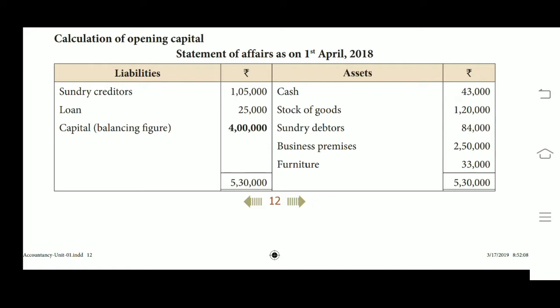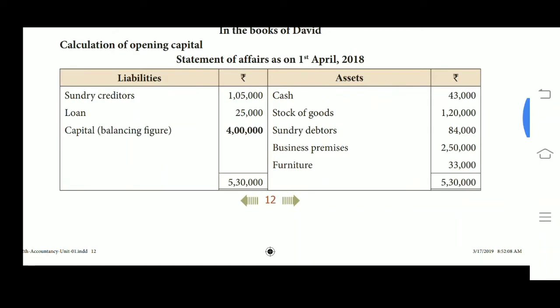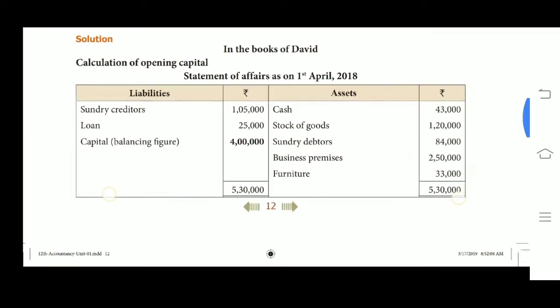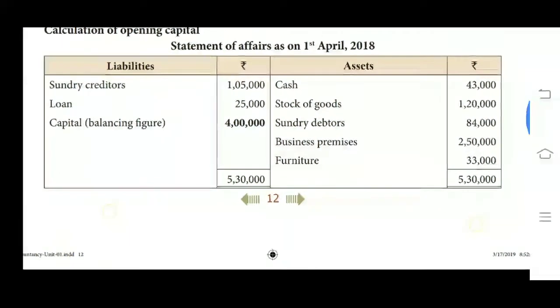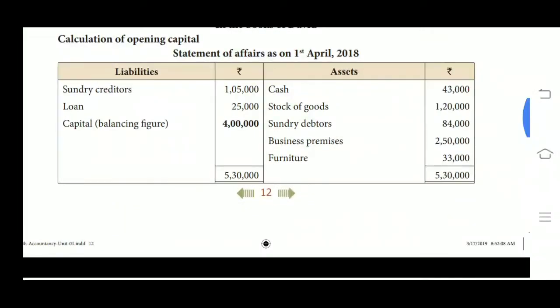Assets minus liabilities. Assets value 5,30,000 and liabilities 1,30,000. So when we deduct liabilities from assets, the remaining value is 4 lakhs. This value is known as capital. Since this is the beginning of the year, we have to consider it as opening capital.